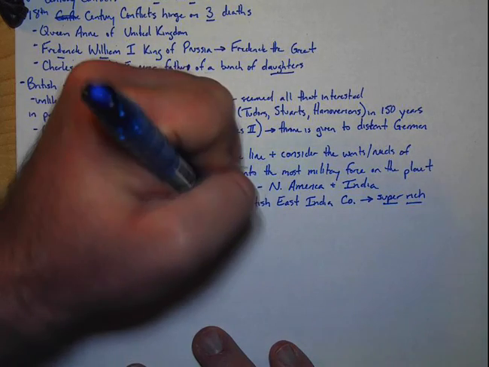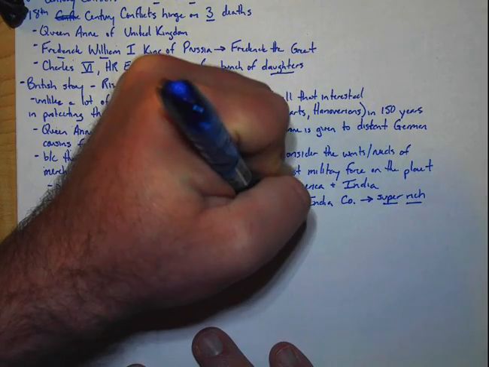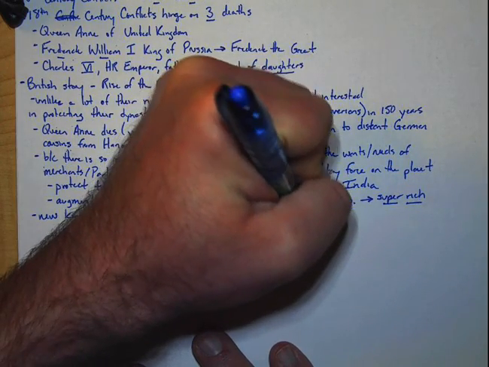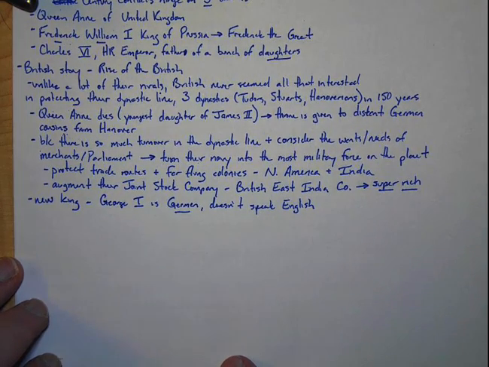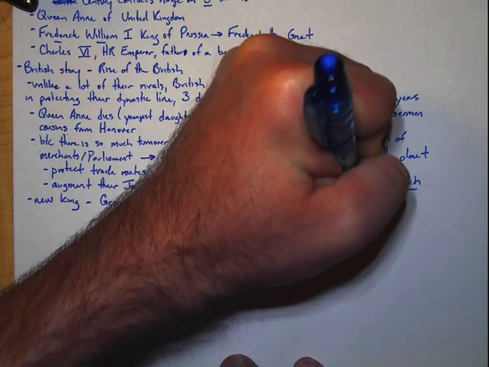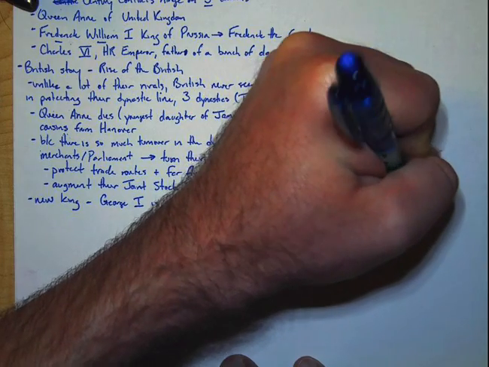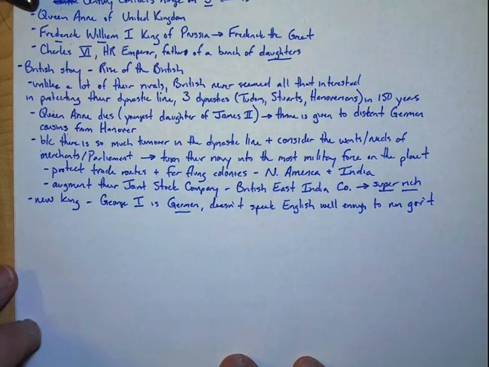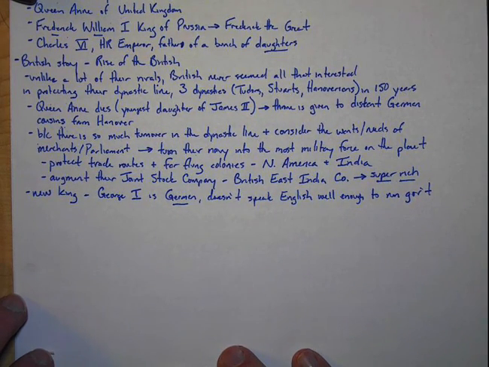And he doesn't speak English. Well, he does speak English, but it's like his fourth or fifth language, and he's not good enough at English to run the government. He's conversational, but he doesn't know it well enough to run the government.